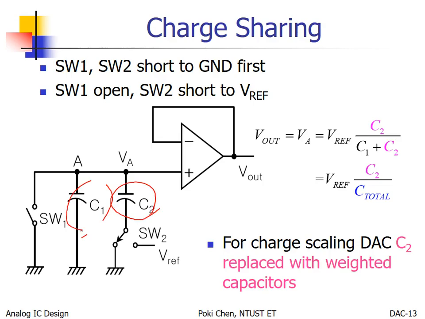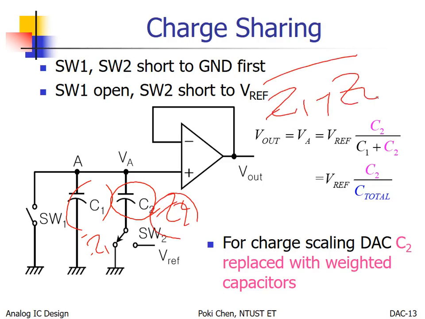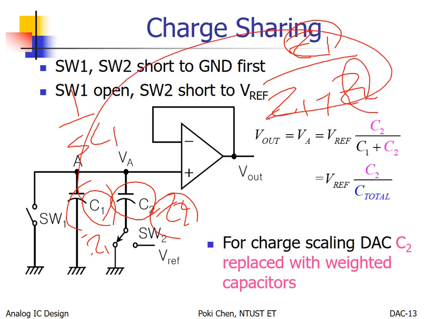If you have G1 and G2, then piece of cake. Everybody knows G1 over G1 plus G2, right? But now the impedance is 1 over sC. So G1 is 1 over sC1, G2 is 1 over sC2. So after simplification, finally you get this.